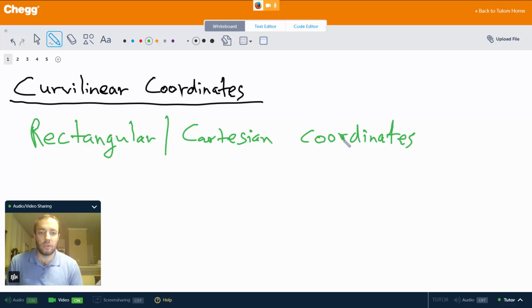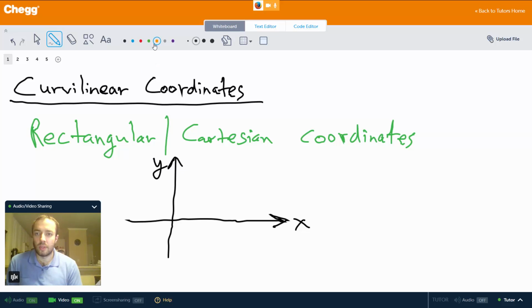For the rectangular or the Cartesian coordinates, we have our xy plane. So let's go ahead and draw our x-axis here. Here's our x-axis, and here's our y-axis. And let's say we have a point all the way out here. Okay, so let's say this is the point 5, 4.